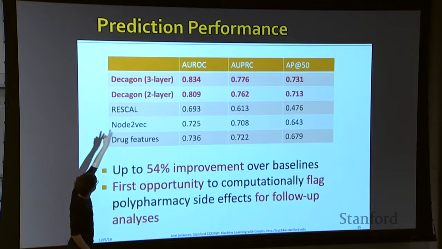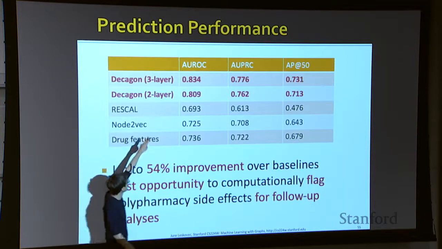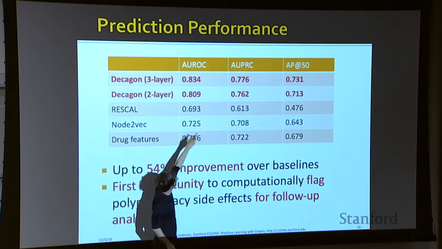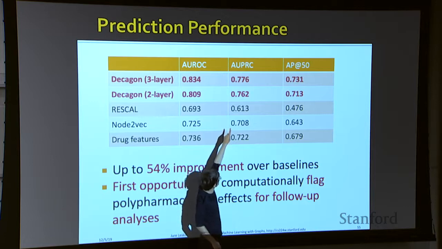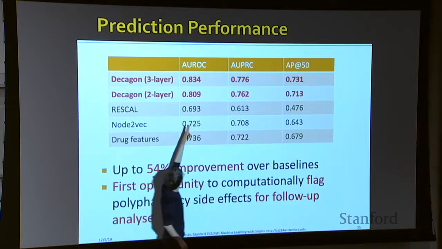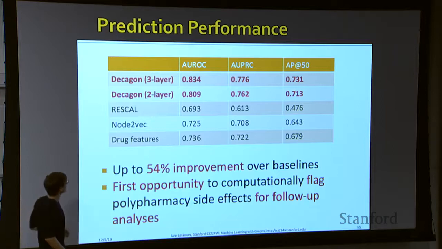These are the 2 layers. So when you go 2 hops away in the graph neural network, if you do the 3-hop graph neural network, these are the precision. This is the area under the precision recall curve. This is average precision at top 50. This is the AUC, or the area under the ROC curve.